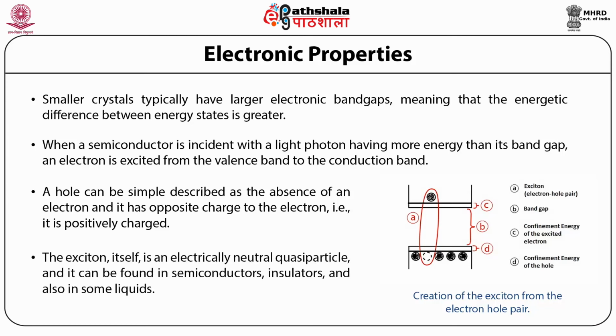So the exciton itself is an electrically neutral quasi-particle, and it can be found in semiconductors, insulators, and also in some liquids. Yakov Frenkel first introduced the concept of the exciton in 1931 during the discussion about the excitations of atoms in an insulator lattice.